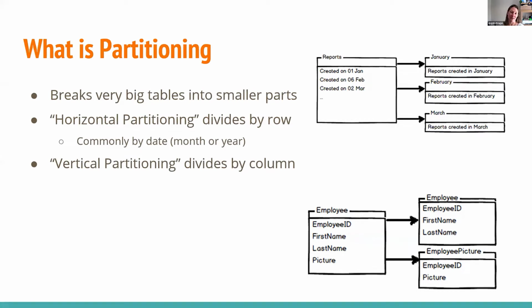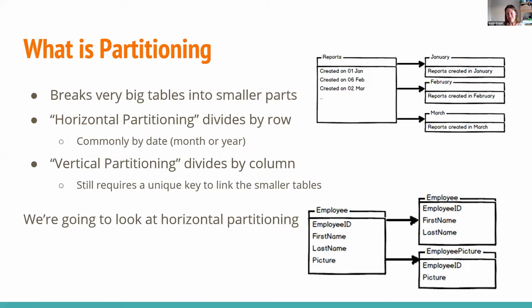But you can partition by anything that you need to. Most data types will work. Just a note on the vertical, if you are doing vertical partitioning, you do need a link between your tables or your columns. Just make sure all the data stays tied together. But here we'll focus on horizontal only. It's the most widely used. So yeah, let's get into it.